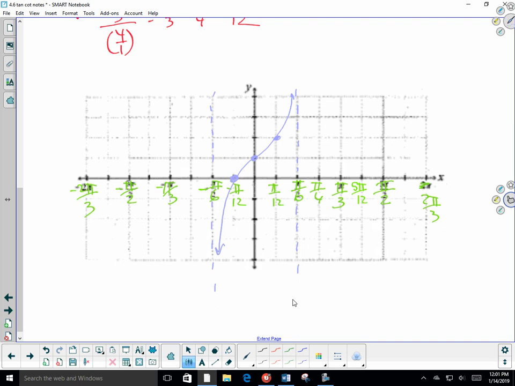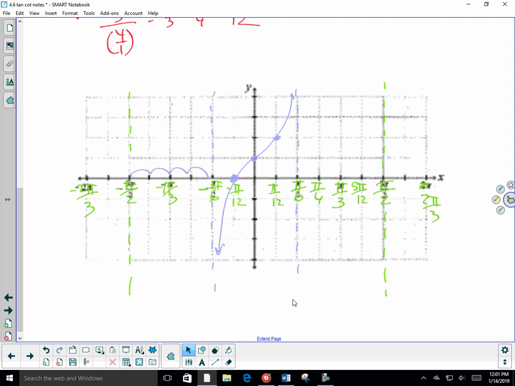We had one at negative pi over 6, and then there was 1, 2, 3, 4 jumps until we got to the next one. So I would like to do that same 4 jumps. And it looks like I'm going to have my next vertical asymptote here at pi over 2. And I could do those same 4 jumps over here, and it looks like at negative pi over 2, there's going to be a vertical asymptote here.